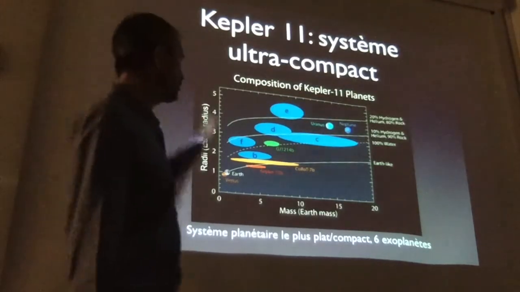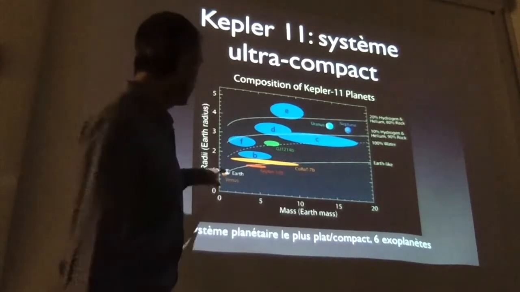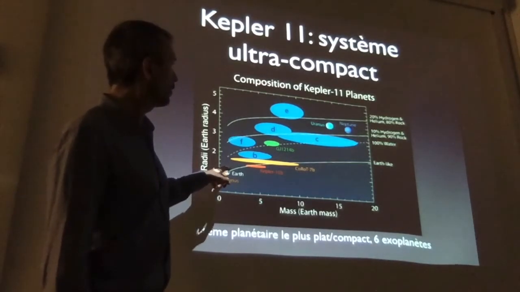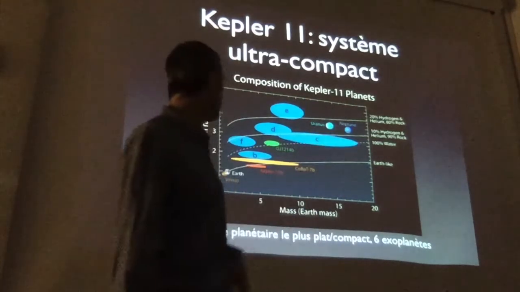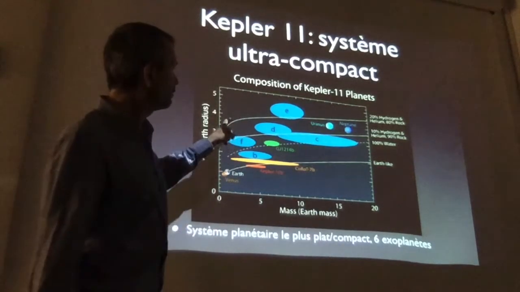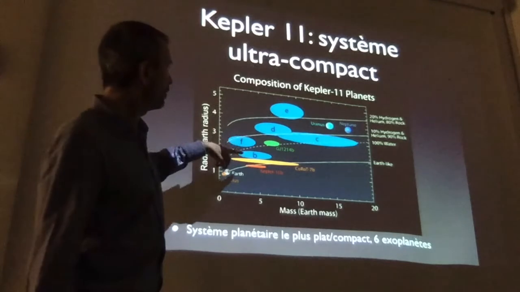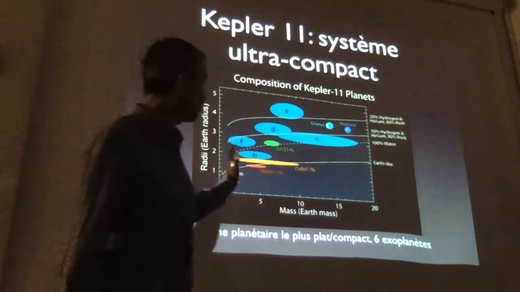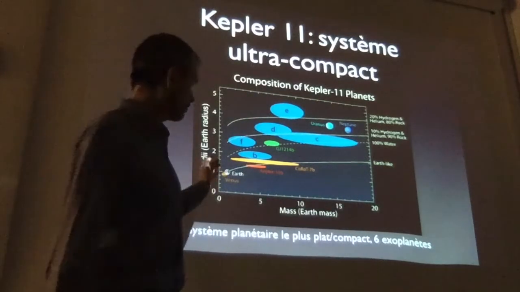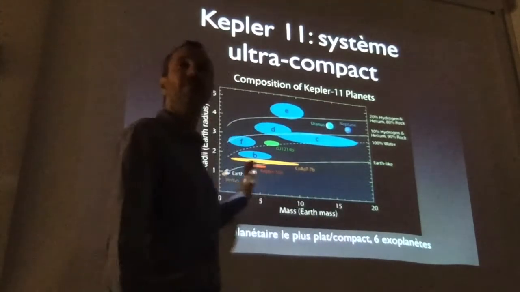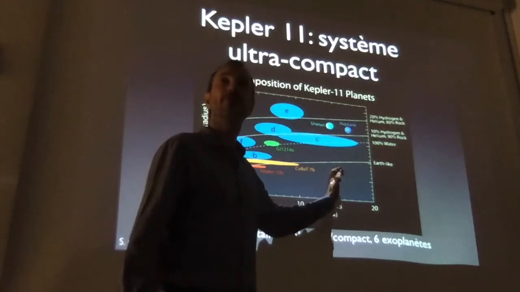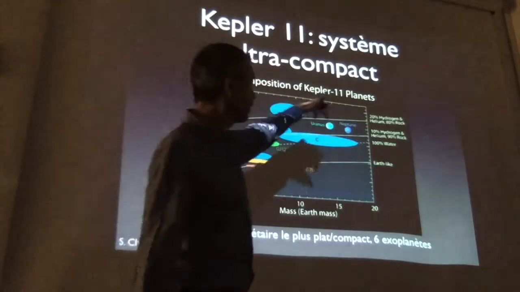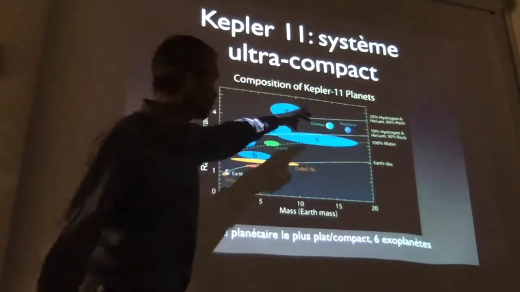And we can work on the composition of these planets. So this is the radius versus the mass. The Earth is here, and Uranus, Neptune here. And you see, these are the Kepler 11 B, C, D, E, F. And they have mass which is between 1 and 15 Earth masses, something that we don't have in our solar system, because we don't have anything between the Earth and Neptune or Uranus.